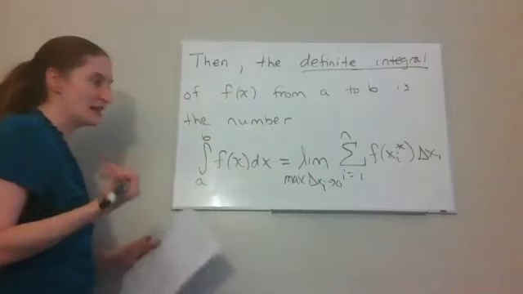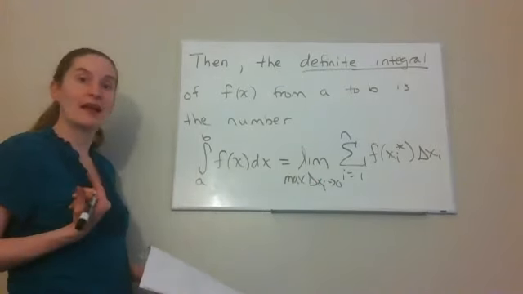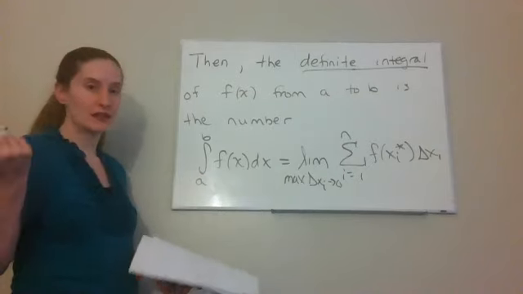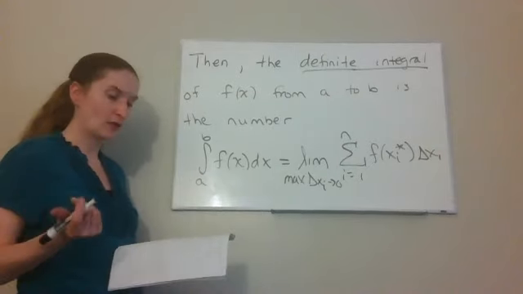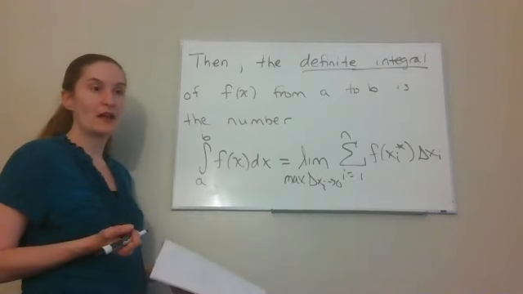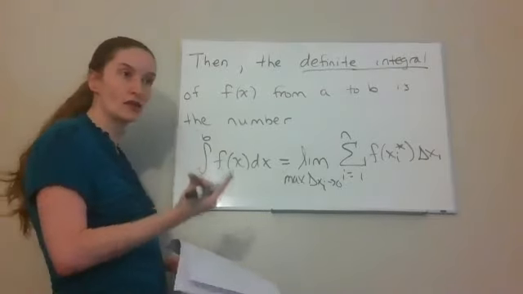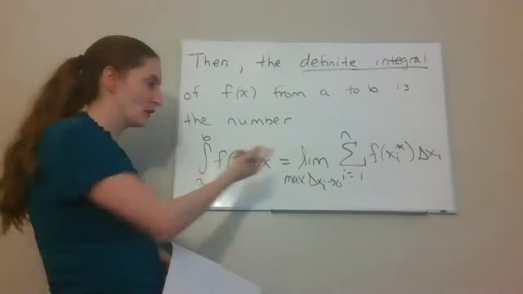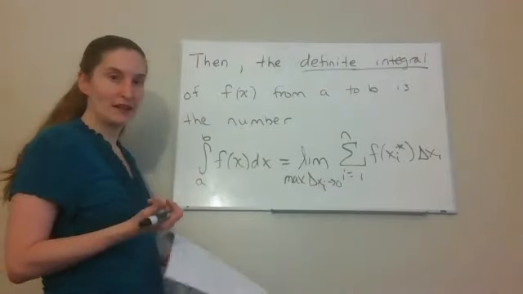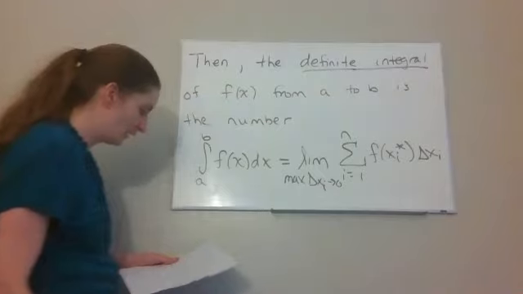It's the same idea, and in fact, if I actually choose all my subintervals to be the same width, this is equivalent to having infinitely many rectangles. So it's still the same idea. Chopping it into more and more rectangles, and we are chopping it so many times that the rectangle with largest width has width going to 0. Then this gets us our exact area, and we're calling it a definite integral.